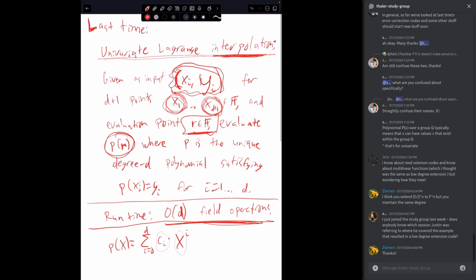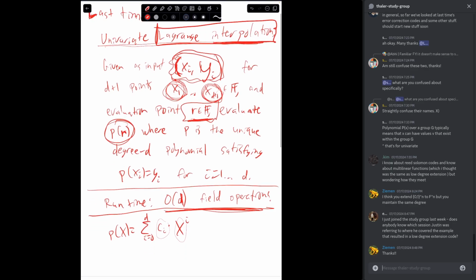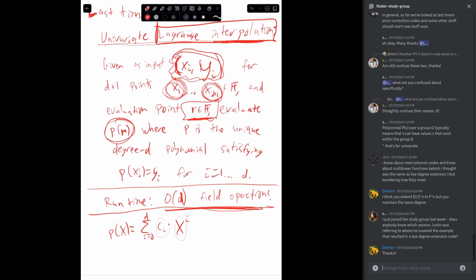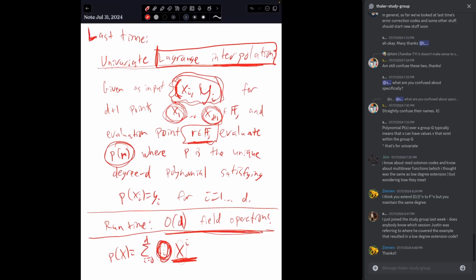So Lagrange interpolation is just considering a different way of specifying polynomials, where rather than being specified by their coefficients in the standard monomial basis, the polynomial is specified by its evaluations over an interpolating set, which I like to refer to as coefficients in the Lagrange basis.